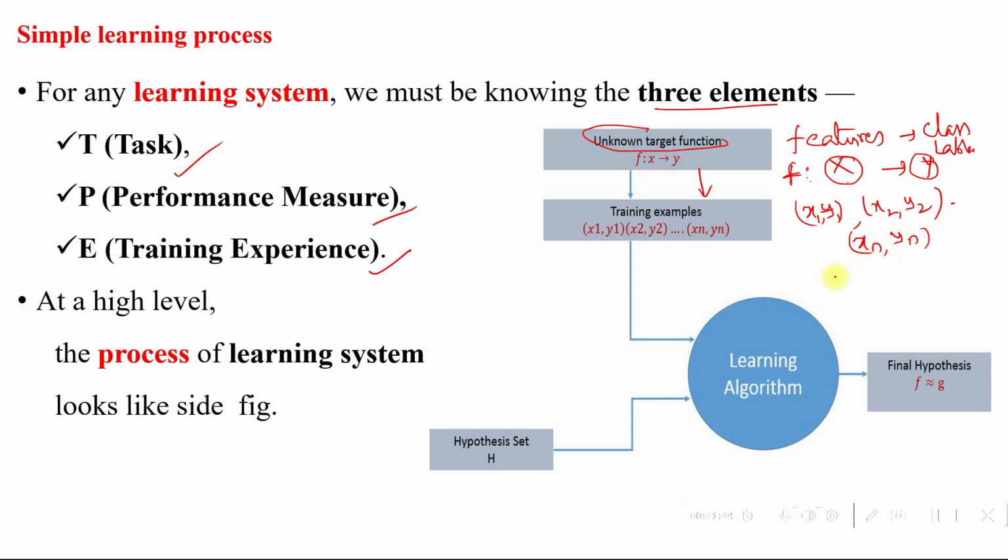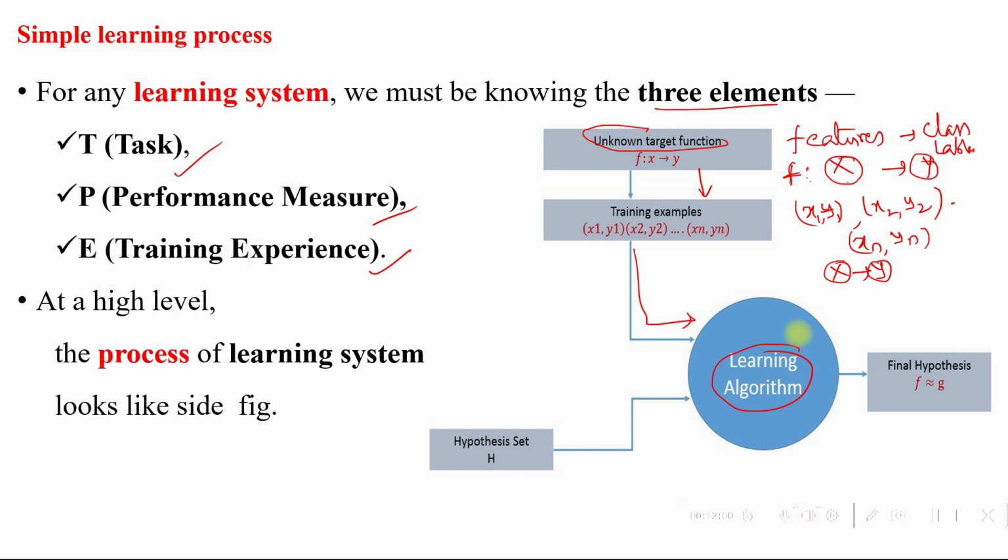Based on this mapping between the input variables, that is the features, and the corresponding class label, we generate one model. The computer is going to generate one algorithm.